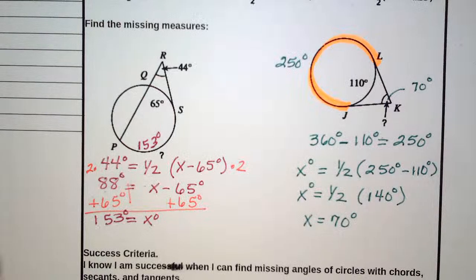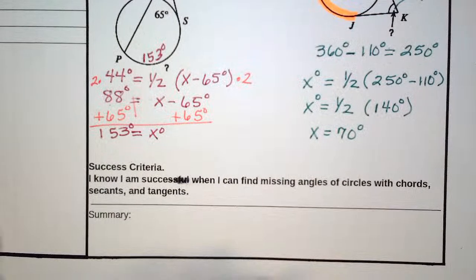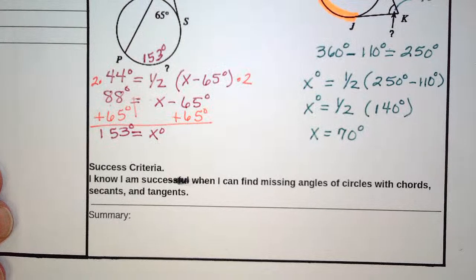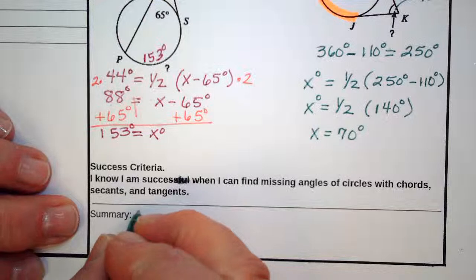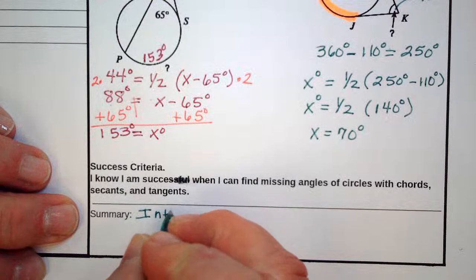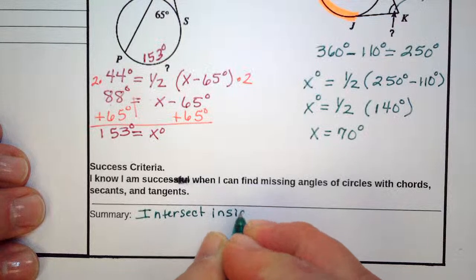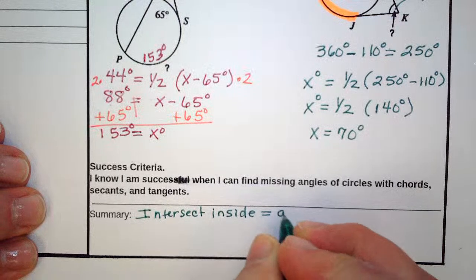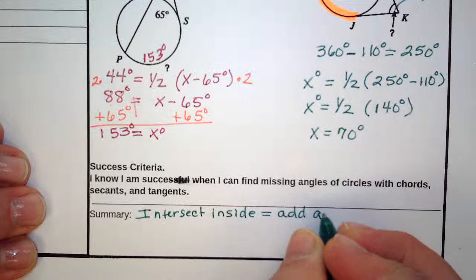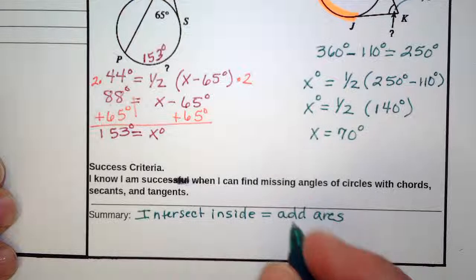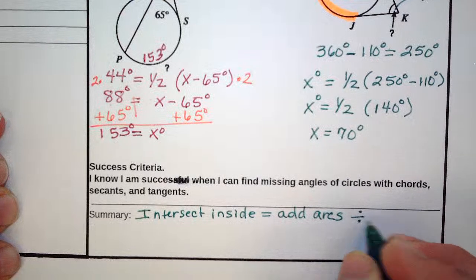Look at the formula. Find the missing pieces. Substitute the pieces that you know in to find the other. How do you know when you're successful? When you can find the missing angles of circles with chords, secants, or tangents. So, if they intersect inside, add the arcs, divide by 2.